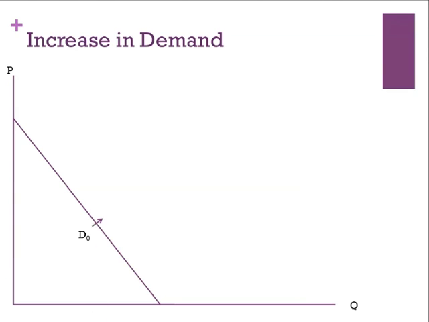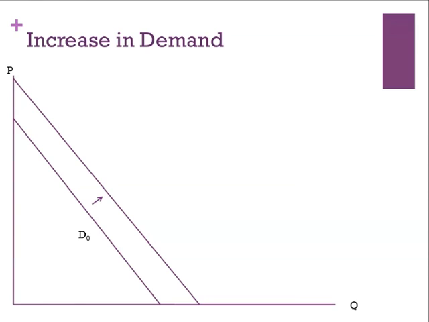So what will happen is that the demand curve will shift to the right. Of course, I'm not using curves here, I'm using straight lines, it just makes it easier.